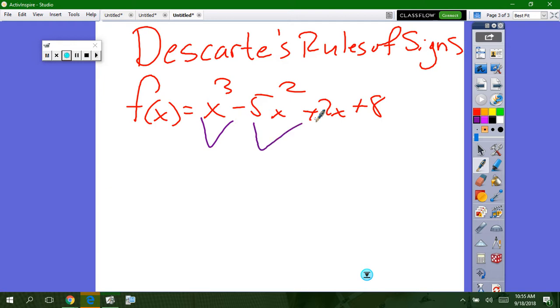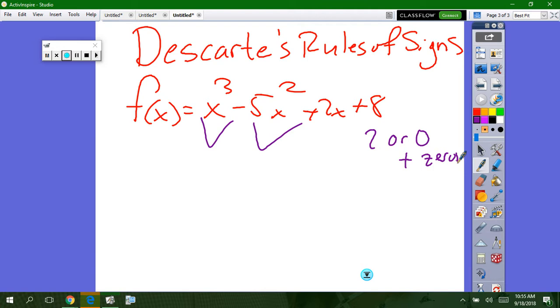There's a sign change. What that tells us is there are 2 or 0 positive zeros. Now you might be saying, Mr. Roberts, there's 2 sign changes and you told me it could be 0. Give me just a second, I'll explain that, okay?